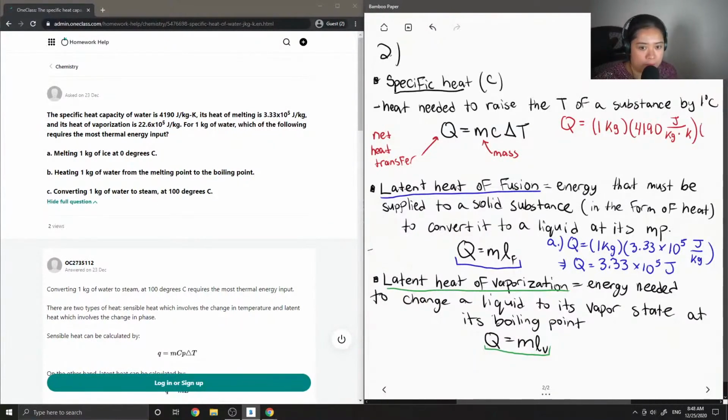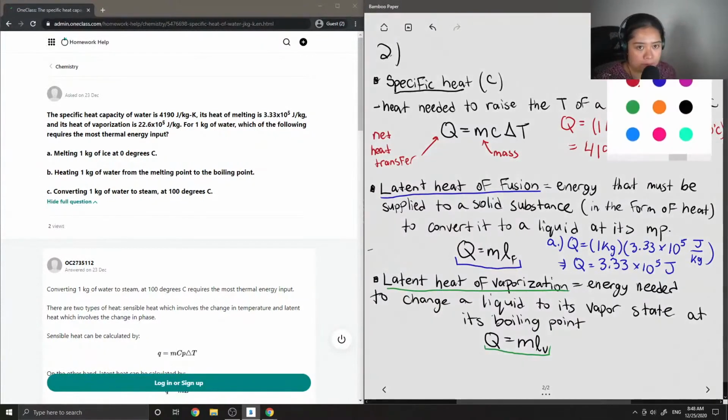And then I'll just put my temperature change as 100 degrees. So this gives us a Q value of 419 kilojoules. Let me put the second one in kilojoules as well.